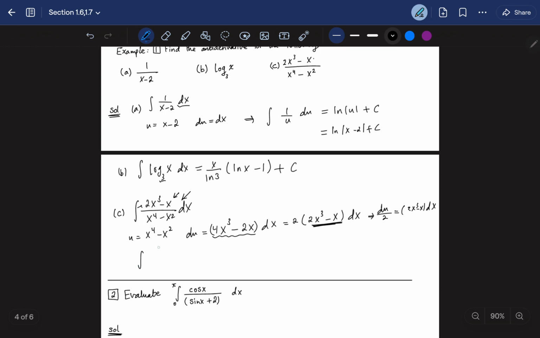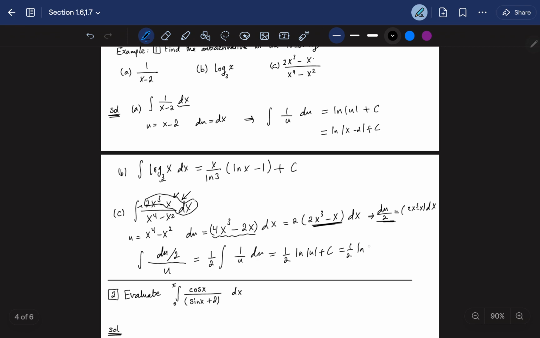So this is just the integral of du over 2 over u, because this part here is just du over 2, and then the denominator is just u. So this is 1/2 the integral of 1 over u du. Using the first formula, this is just ln of u plus c.